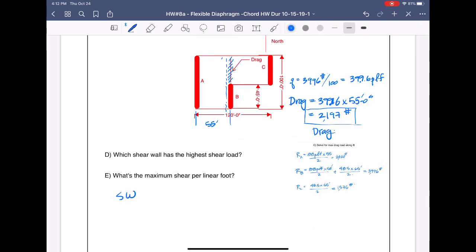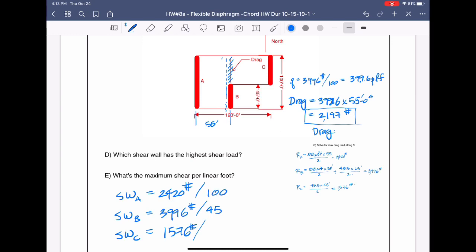SWA, SWB, SWC. Okay. Reactions 2,420 pounds, 3,996 pounds, and 1,576 pounds divided by the length of the shear wall, which is in this case 100, in this case 45, and in this case 55.